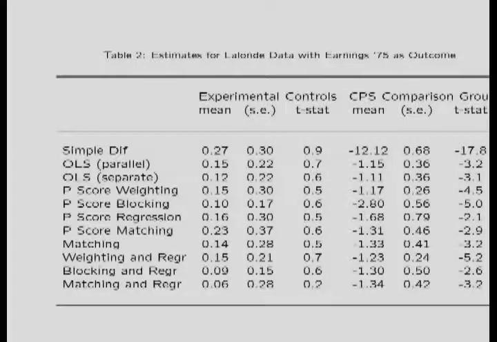He took this very large comparison group from the CPS and said, well, let's see how well the various methods work in replicating the results from the experiment. So here, essentially, we know the truth, or at least we have a good estimate of it. Let's see how well these methods work.